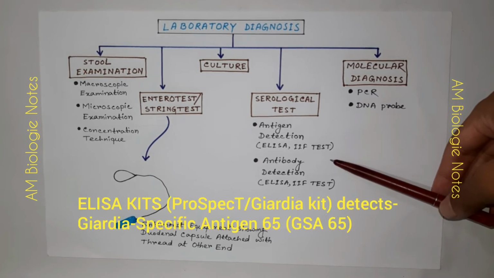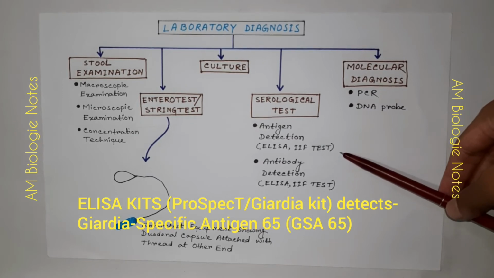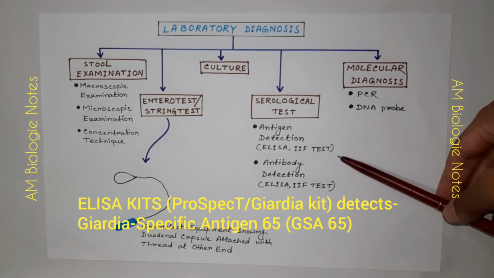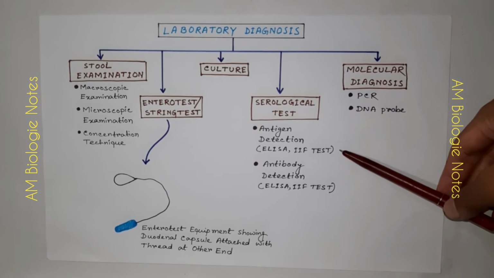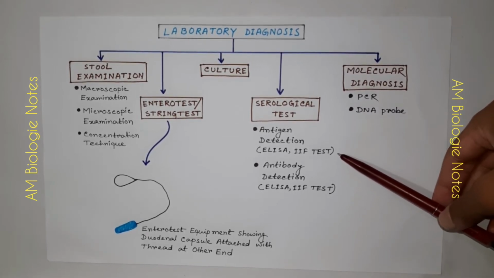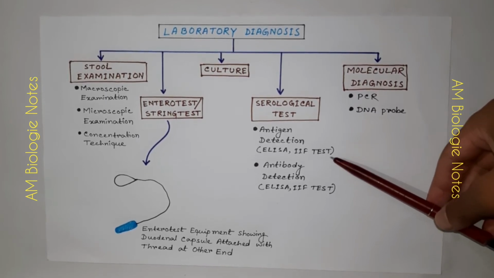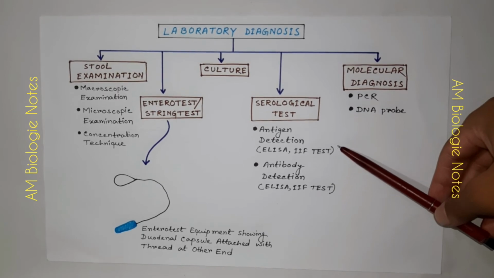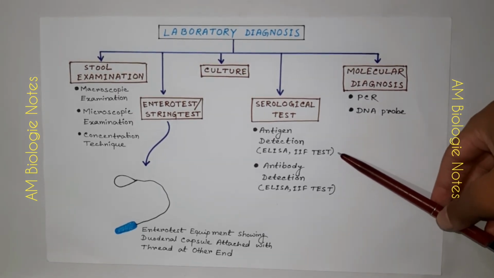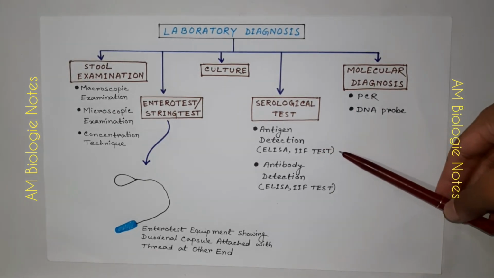Commercially available ELISA kits detect Giardia specific antigen 65. The sensitivity of the test is 95% and specificity is 100% when compared to conventional microscopy. The test is used for quantification of cysts in epidemiological and control studies.